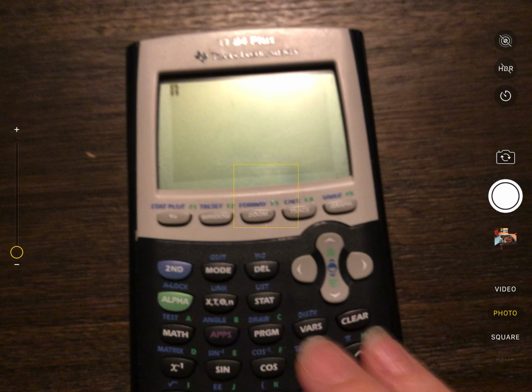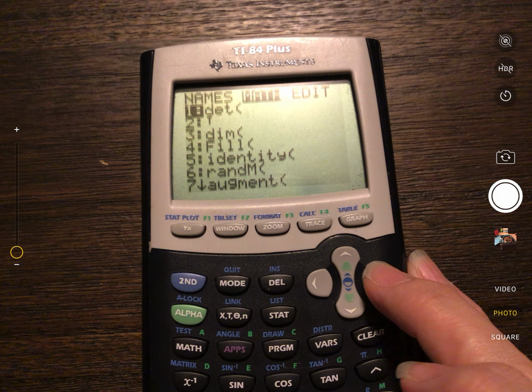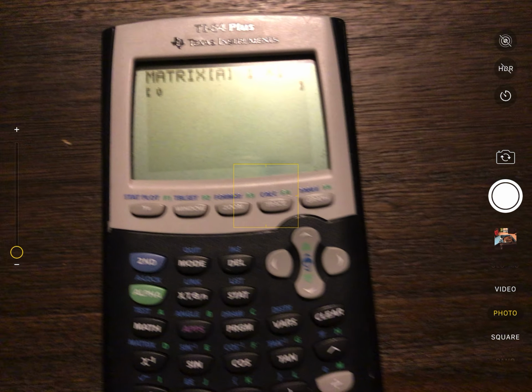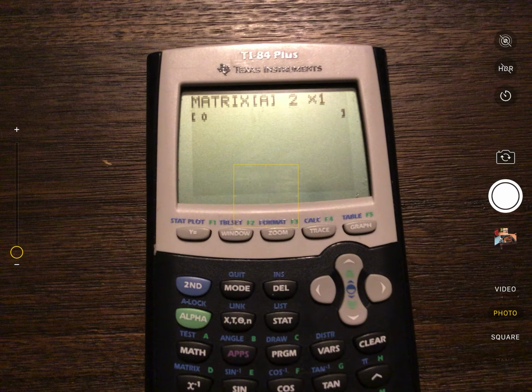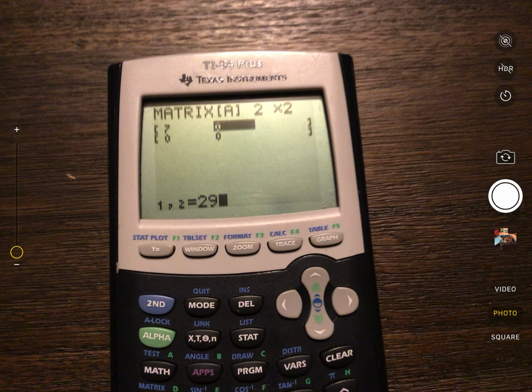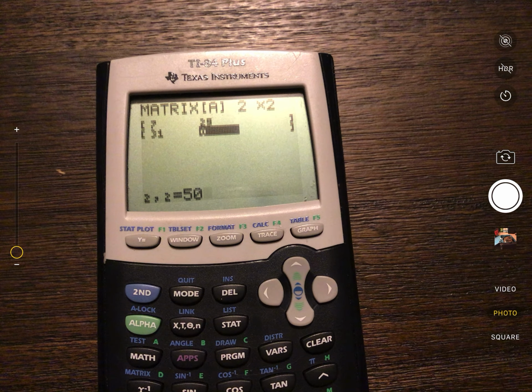Turn my calculator on. Okay, and go to second matrix, and I'm gonna edit matrix A. And since there were 2 rows and 2 columns without the totals, then it's a 2 by 2. And what did I say it was? 7, 29, 31, and 50.